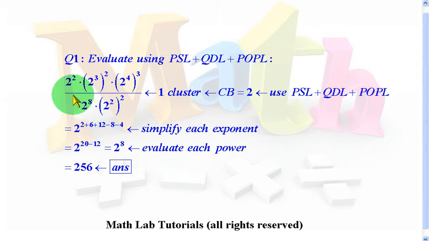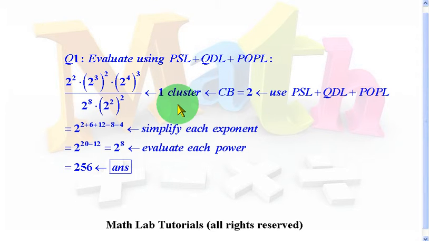If we look at this expression over here, we have dots in the numerator and dots in the denominator. There are no plus or minus signs anywhere as separators, so we declare this to be one cluster. And if we look at all the bases, we have a single base, and the base is 2. And we've got a slew of exponents here.